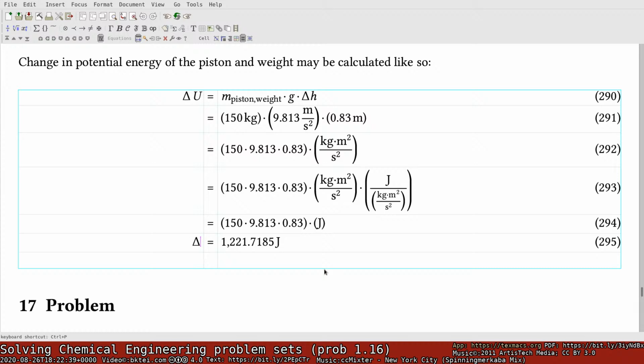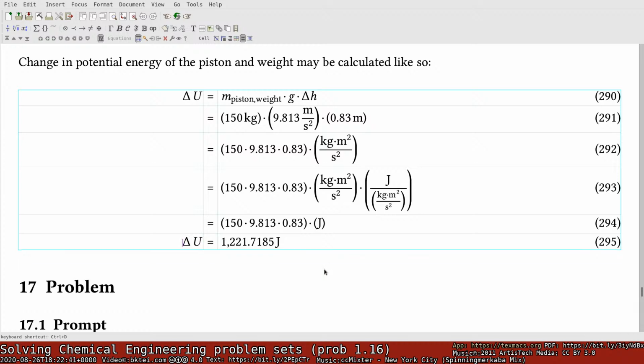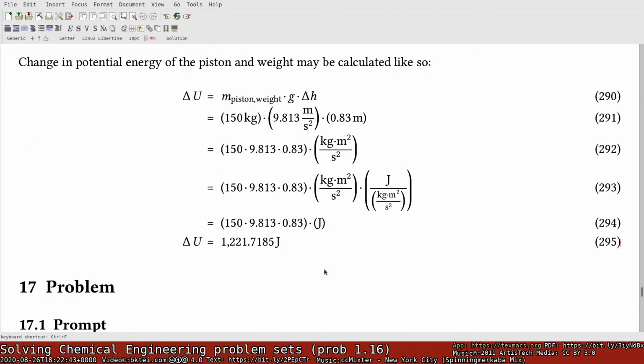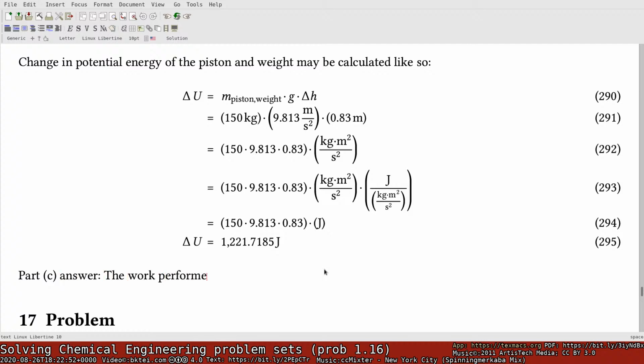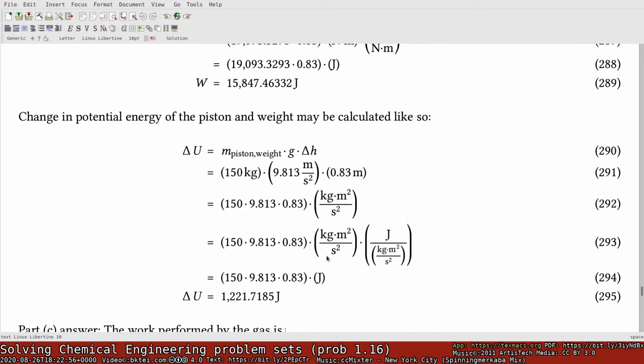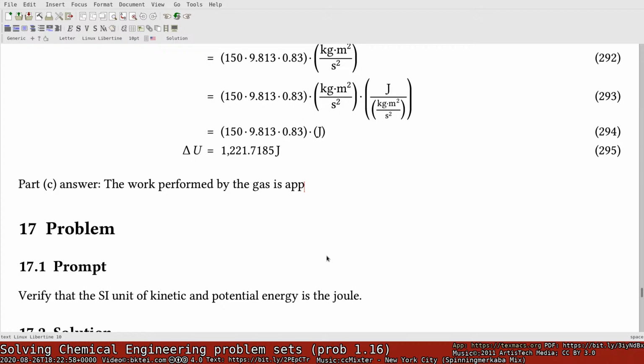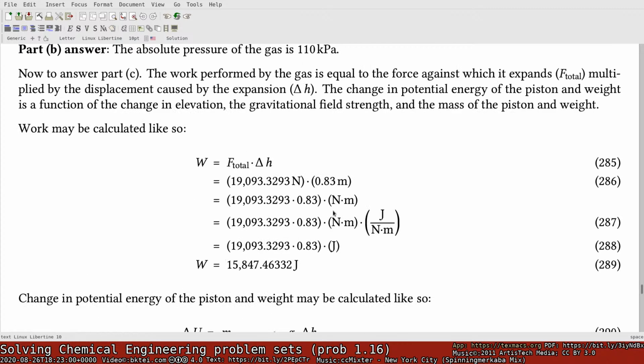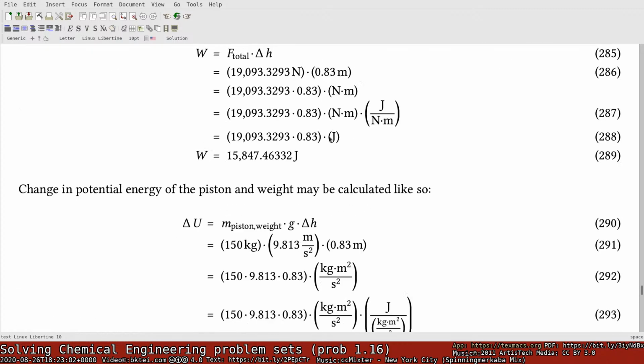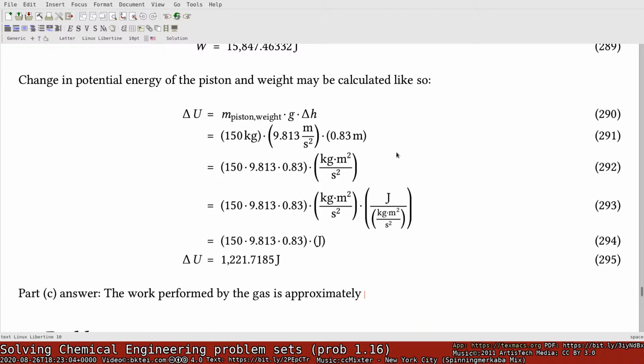That is equal to delta U. All right, so part C answer. The work performed by the gas is approximately, what are our significant figures here? 0.83, it's only 2 sig figs.